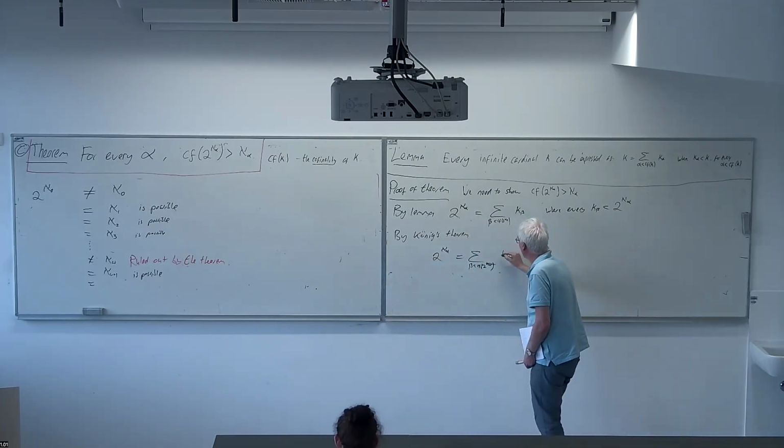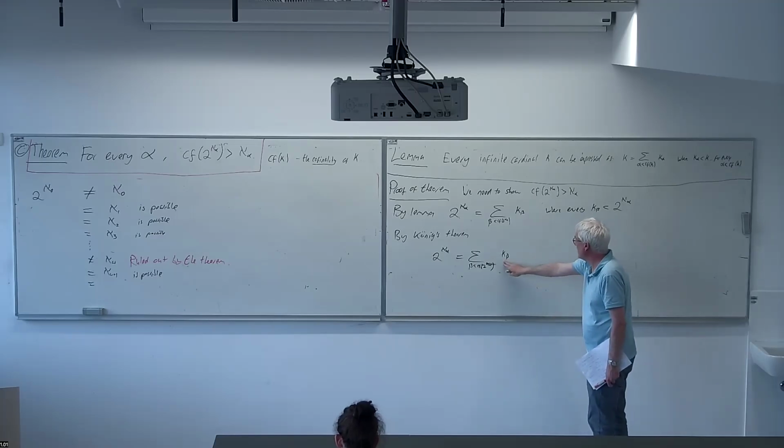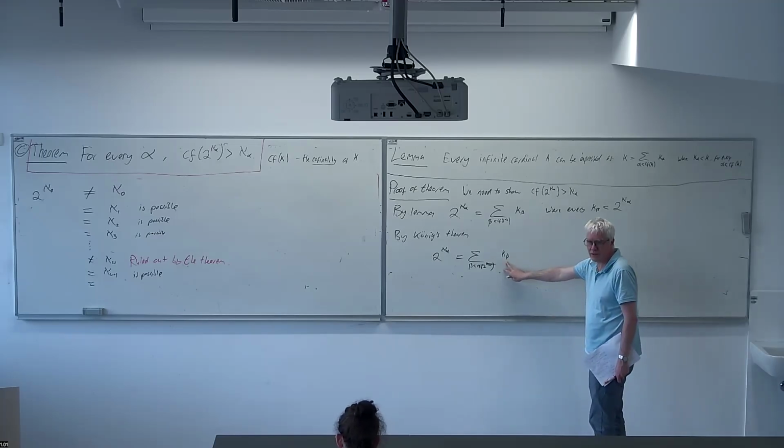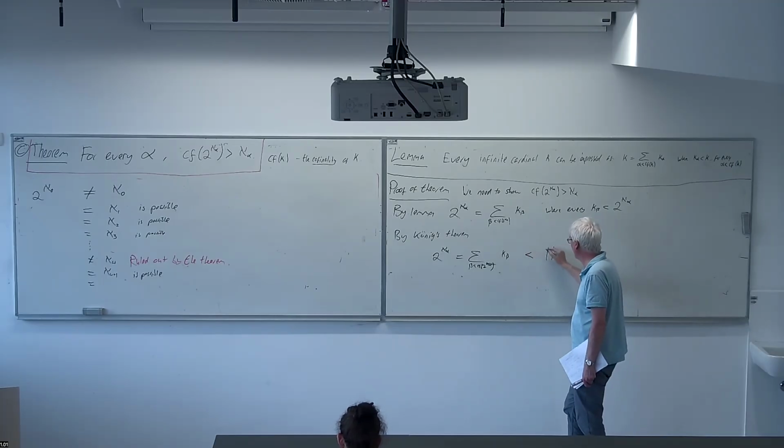So if you've got the sum of the kappa betas, each of these kappa betas is strictly smaller than kappa. So by König's theorem, that's strictly smaller than the product over the betas less than the cofinality of 2 to the aleph alpha of kappa.